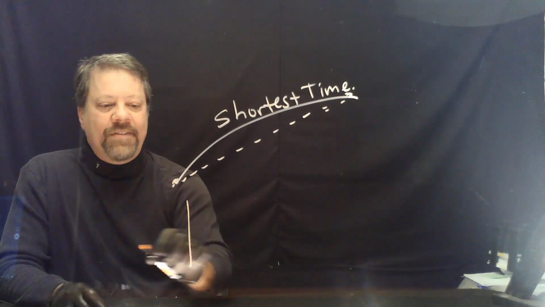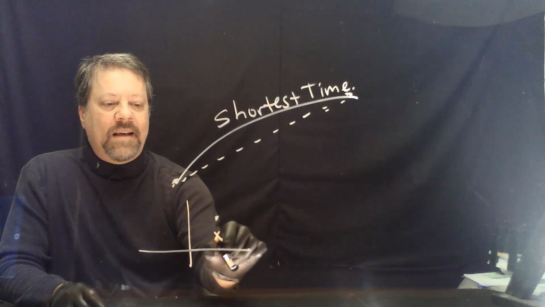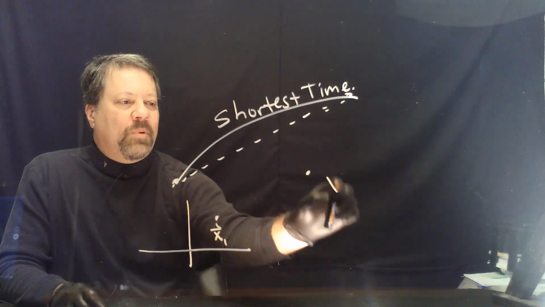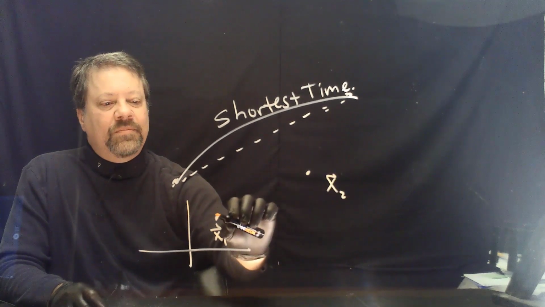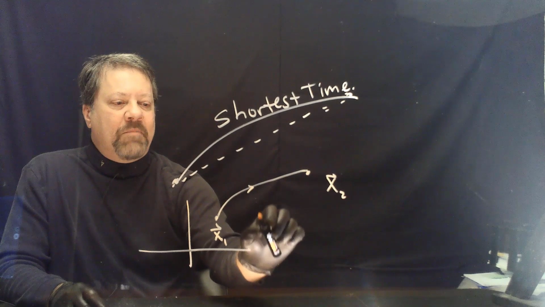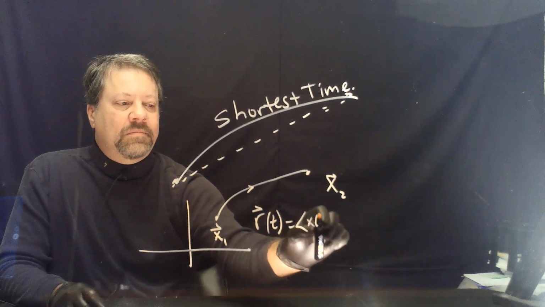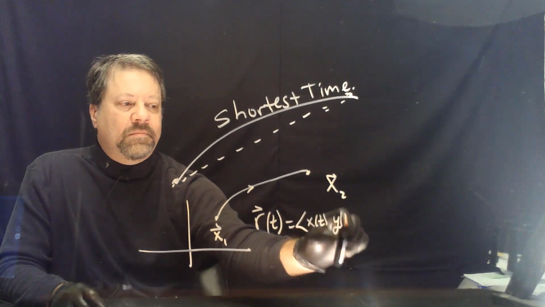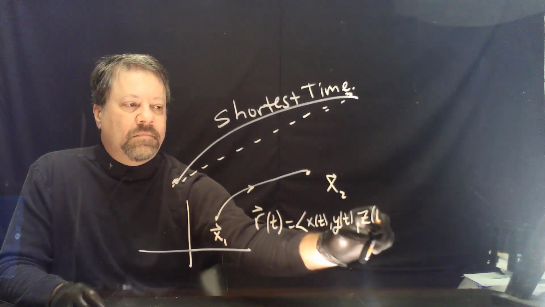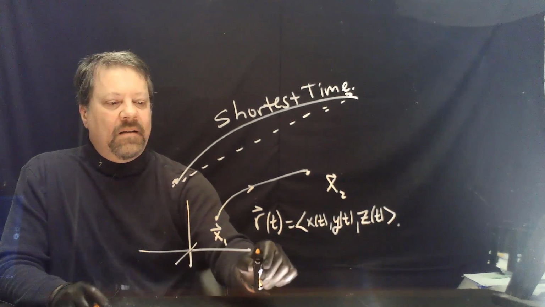If we have some path from point, let's say, x1 to point x2, that path can be described as a function of t. We can go in three-dimensional space if we want.